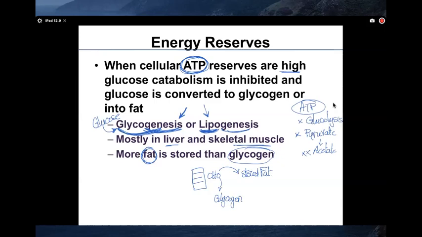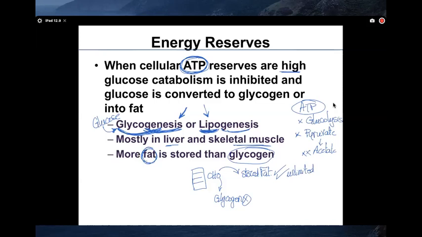So I tend to store much more fat than glycogen because you have almost an unlimited space to store fat compared to the glycogen.